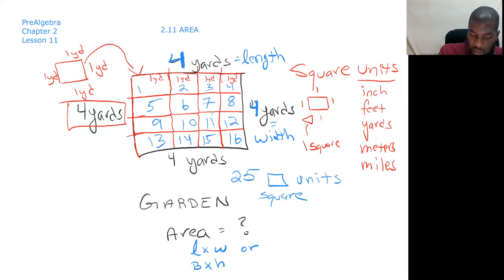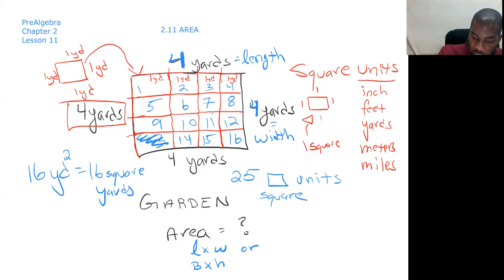So your final answer is, it would take 16 yards squared, or another way to say that is 16 square yards. Because each of these little boxes is a square, because each of their sides is 1 yard. And we call that a square yard, right? 1 yard squared. How many of those did it take to fill this garden? 16 square yards. And the way we write that is 16 square yards, or 16 yards squared.